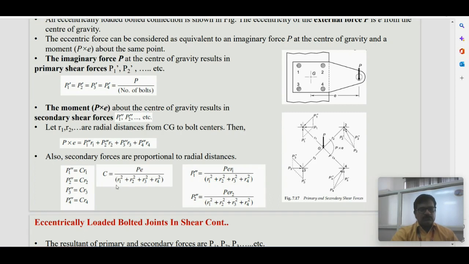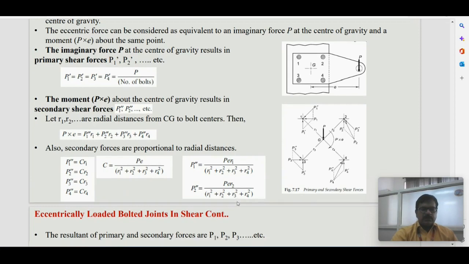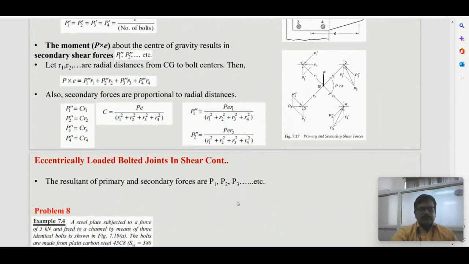So C is taken out, and C is equal to P into E by R1 square plus R2 square plus R3 square plus R4 square, and so on. After calculating C, the secondary shear in the first bolt is C into R1, which is P E by R1 square plus R2 square and so on, into R1. Similarly P2, P3, P4.